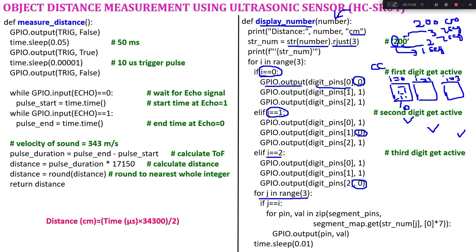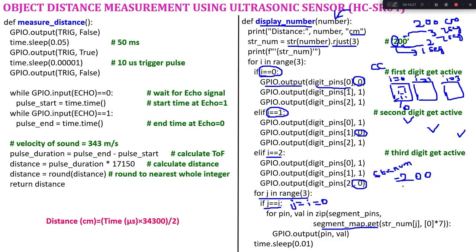In this for loop, I check whether j is equal to i, which means j is also 0. j and i both being 0 means the first segment is selected. Now we take the segment map. For example, if the distance is 200, this is available in your str_num.